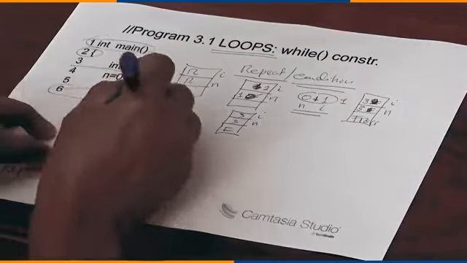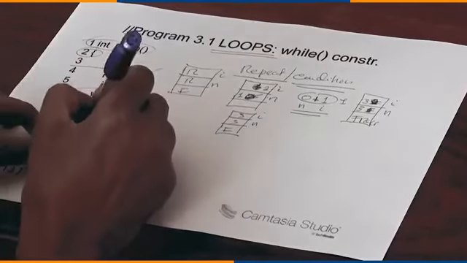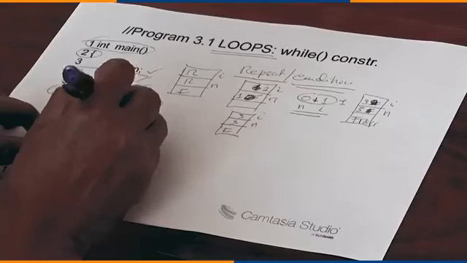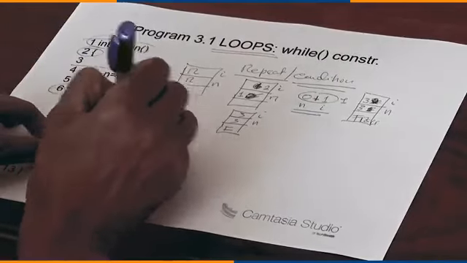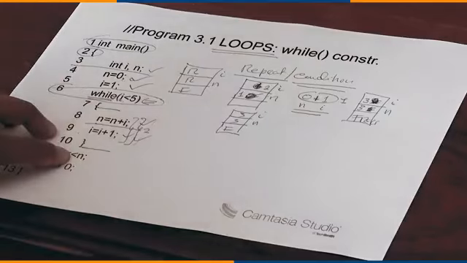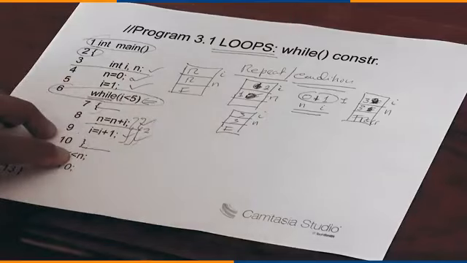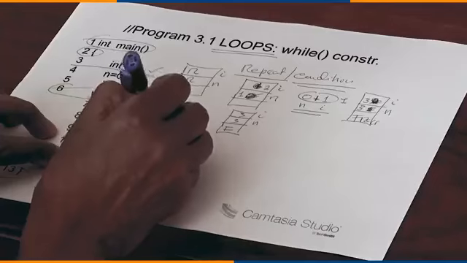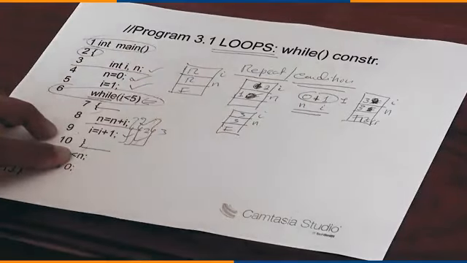So while I less than 5. If the value in I is less than 5, the same lines, this paragraph, will be executed again. Because in I there is 3, this loop is going to repeat for the third time.